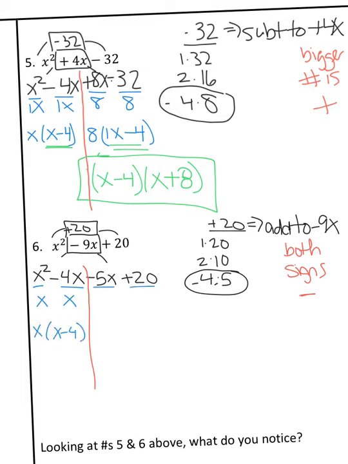The leading GCF of this one, remember, is negative, so take a negative out. And then it's 5 and 20, so that's a negative 5. Negative 5 divided by negative 5 is 1x. Negative 20 divided by negative 5 is a negative 4. Right, so x minus 4, because these are the same, and then x minus 5.